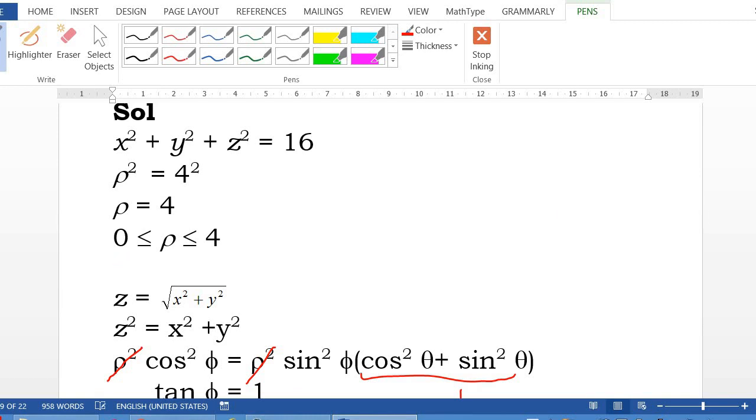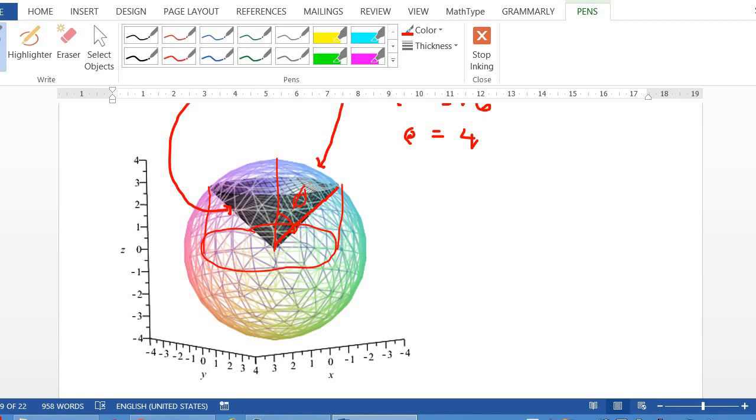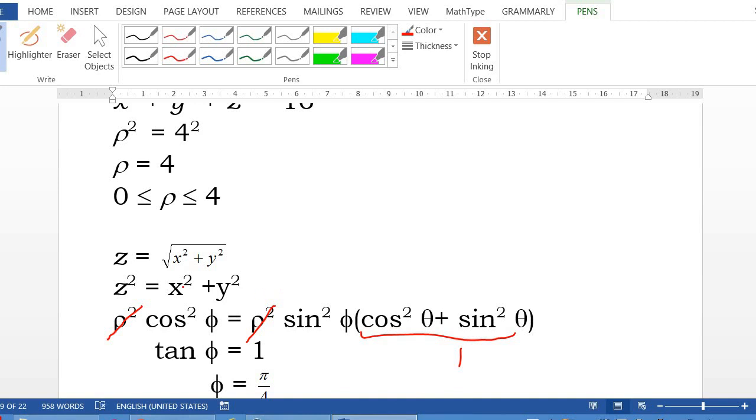How do we get phi? Phi is the angle from the positive z-axis until we touch the surface of the cone, z equal to square root of x squared plus y squared. This is the upper cone because z is positive.